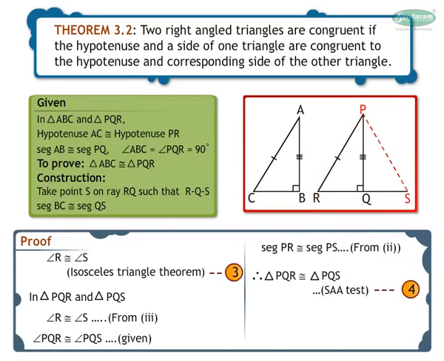Therefore, by side angle side test, triangle PQR is congruent to triangle PQS. Let us mark it as statement 4. Therefore, from statements 1 and 4, we can say that triangle ABC is congruent to triangle PQR.